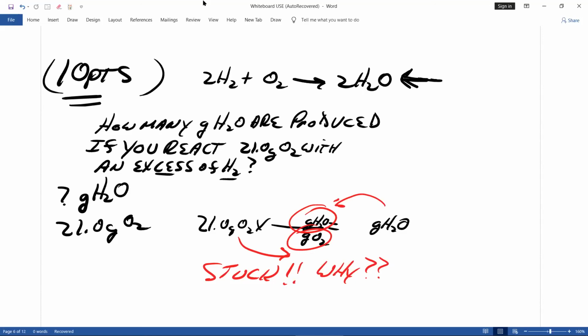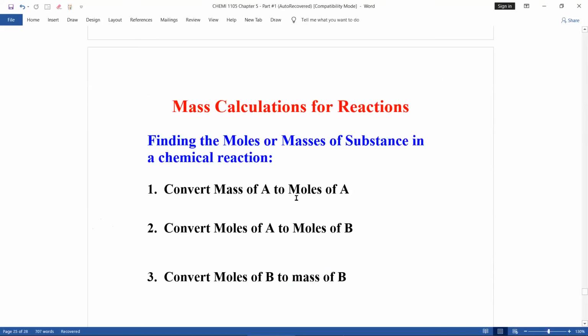What do I do? Good question. You look at finding moles or mass of a substance in a chemical equation. And this is really for mass calculations. Remember, mass in my class means grams. Calculations for reactions.